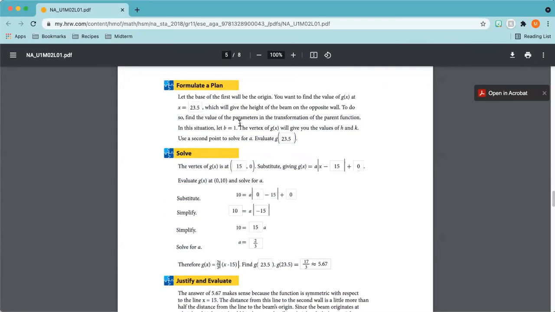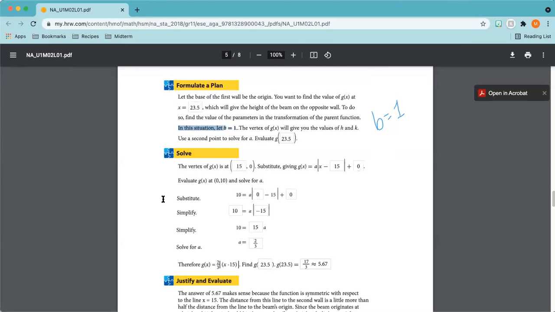Otherwise, I don't really care to read the whole thing, except they do say let b equal 1. So that one is helpful. So we already know, I'm going to write it on the side, b equals 1. So the vertex of g of x is at (15, 0). That's the point where the point of the absolute value is at (15, 0).